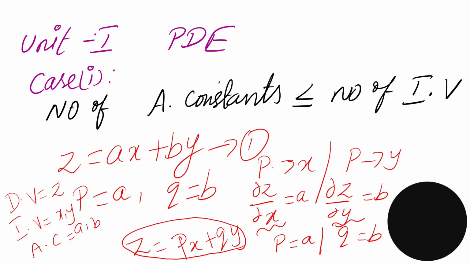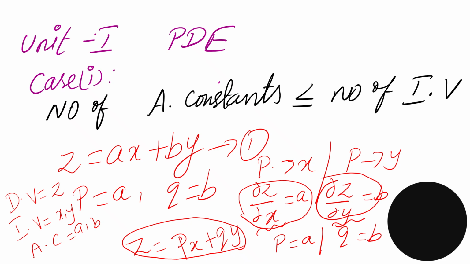So we use two equations: dou z by dou x equal to a, and dou z by dou y equal to b. So two arbitrary constants, two independent variables, and you obtain only two equations. This is Case 1 normally. By eliminating the constants a and b, you can form the PDE.